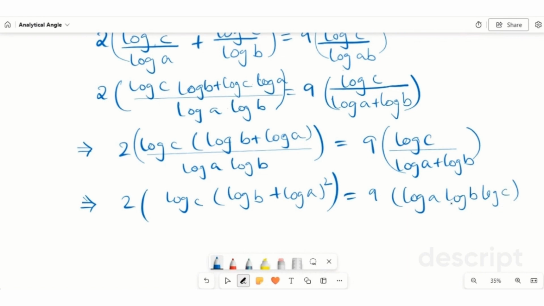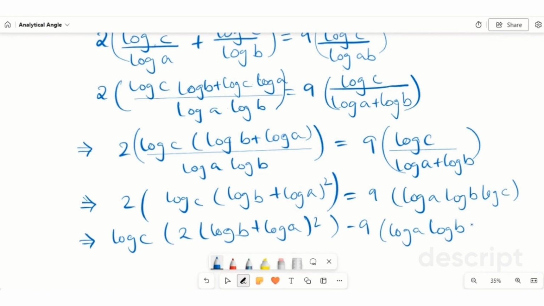Now if we take log C common from both sides, we get log C into (2 (log B plus log A) whole square minus 9 log A log B) is equal to 0.